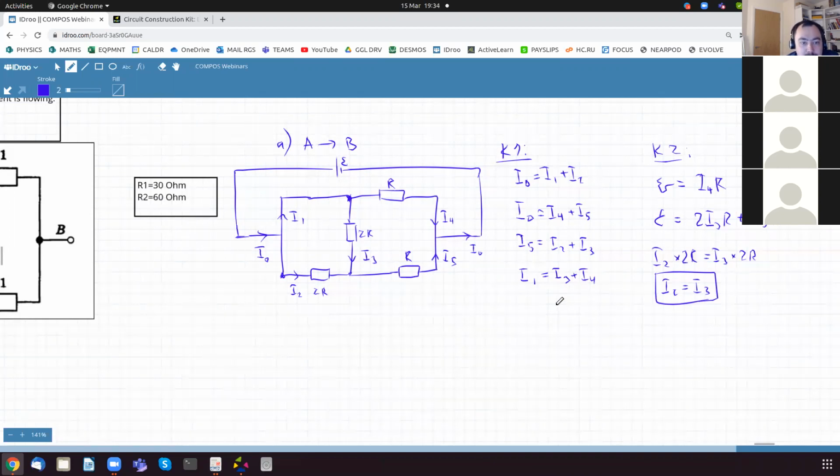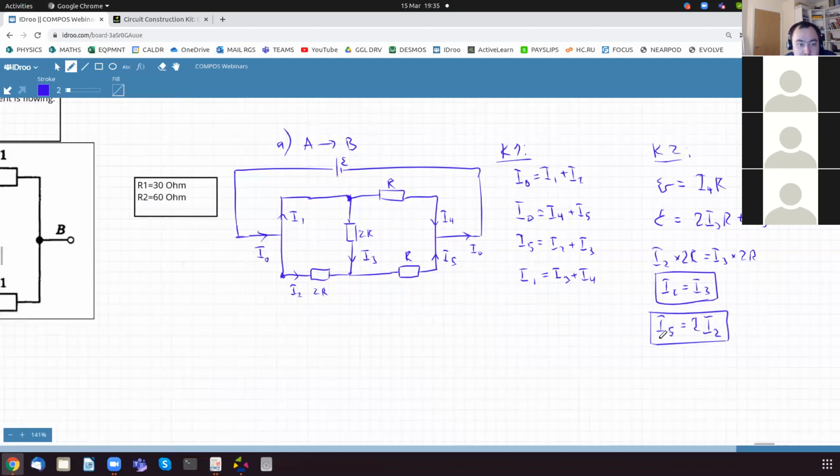Can we do the total current? I guess so. Oh, if I2 and I3 are the same, that means I5 is 2I2. That's going to be useful.